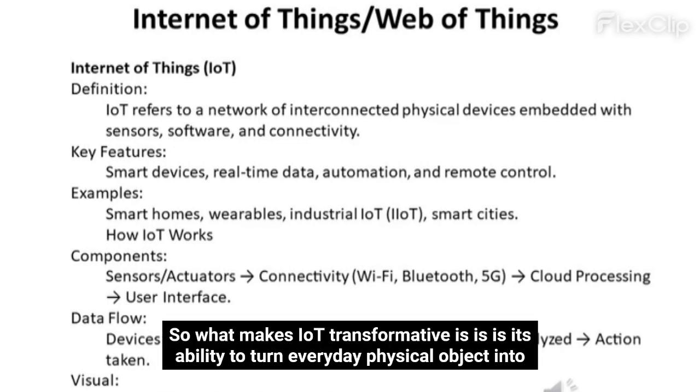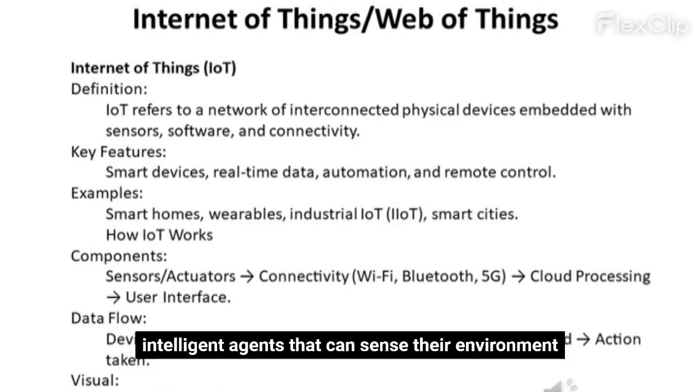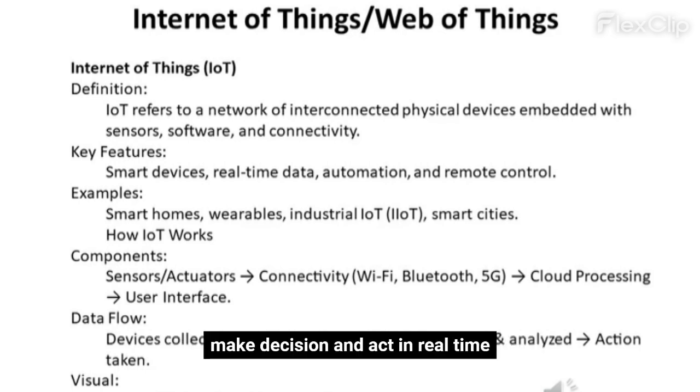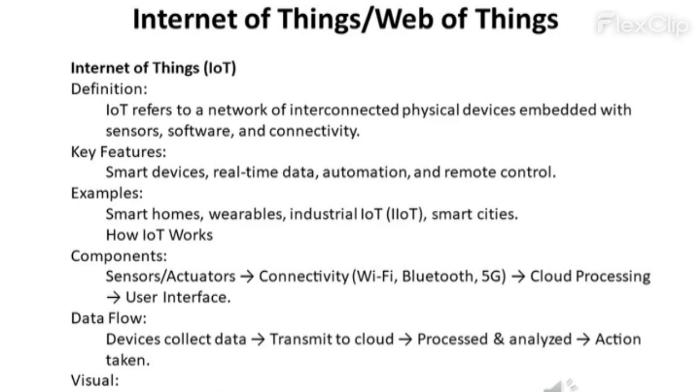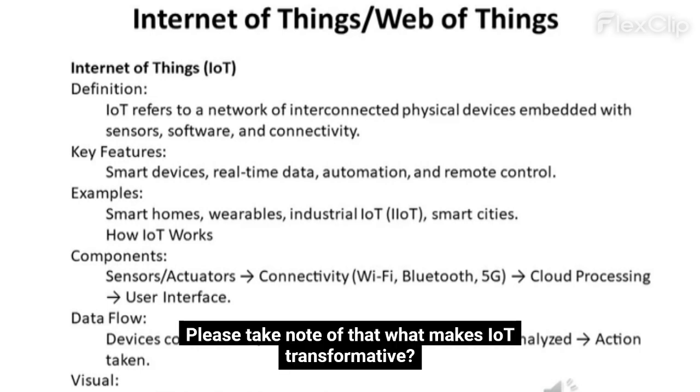So, what makes IoT transformative is its ability to turn everyday physical objects into intelligent agents that can sense their environment, make decisions, and act in real time. Please take note of that.